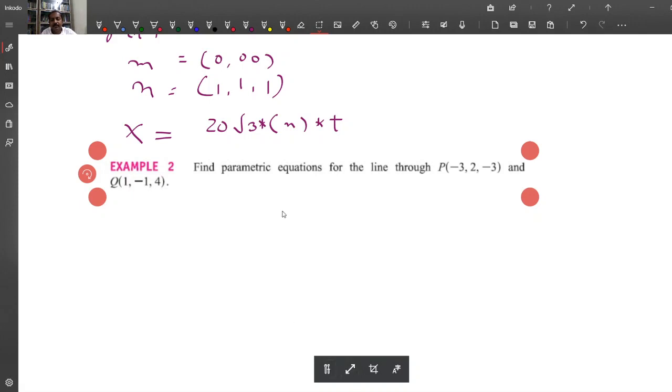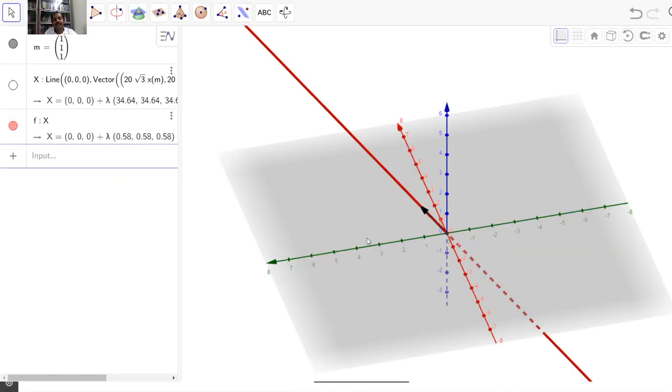To draw a line through two points, there is a method here.